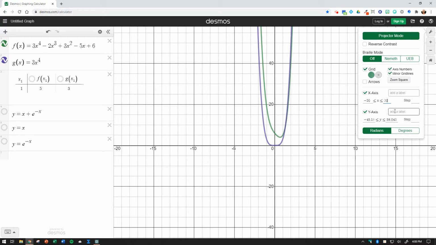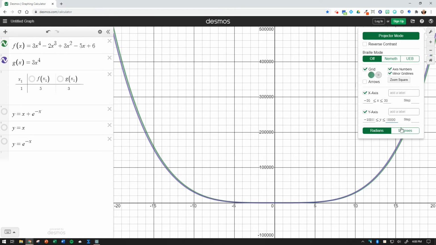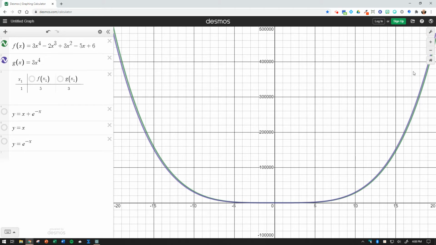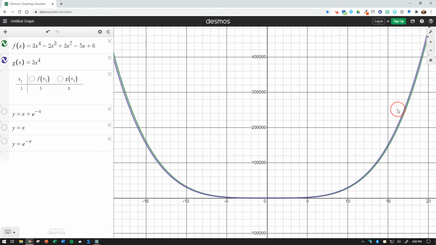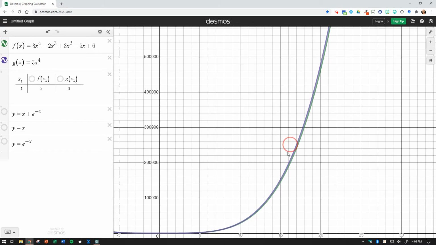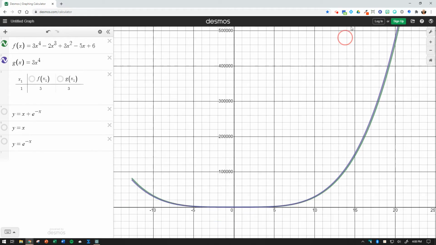And then let's go as low as, say, negative 100,000 all the way up to, how about like 500,000. Okay, so look at that. These two functions look quite a lot like each other as we go further and further to the right.